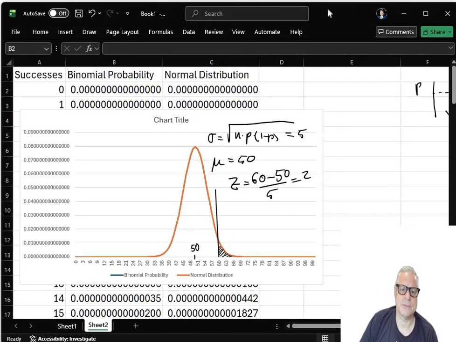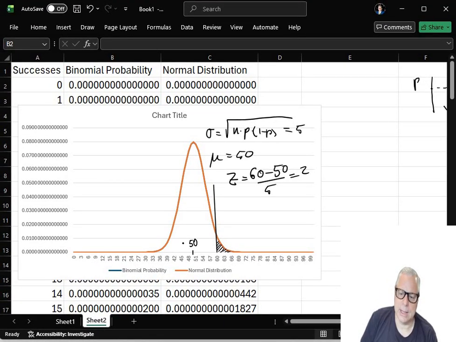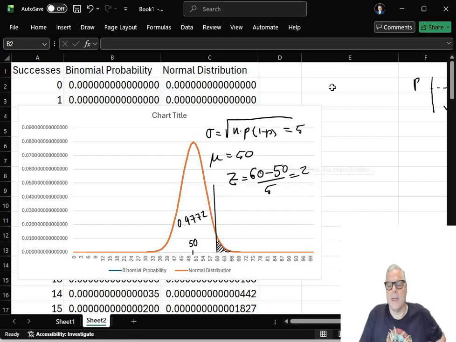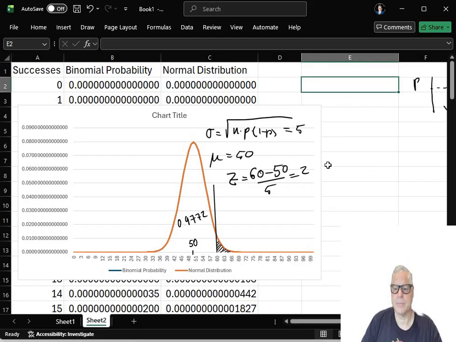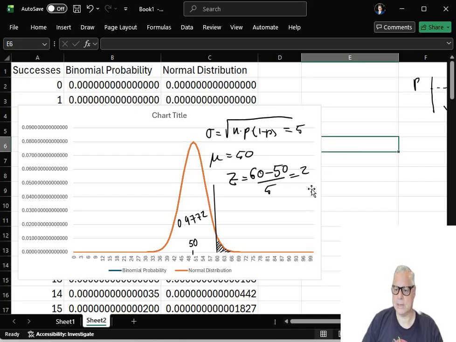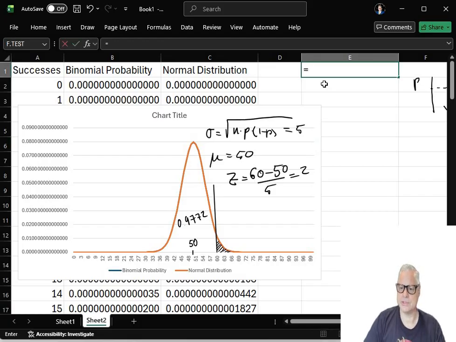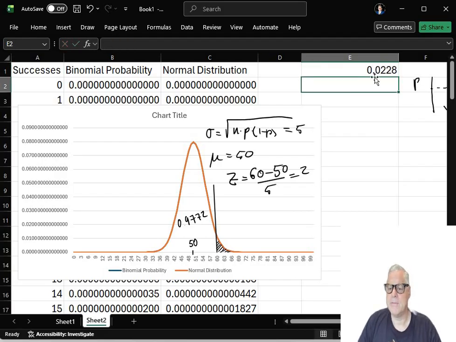So that means that the area to the left of 60 should be 0.9772, and the area to the right, okay, now it's getting a little bit tight here, so maybe I squeeze it in here. So now we could say that the probability is 1 minus 0.9772, and now we get 0.0228.